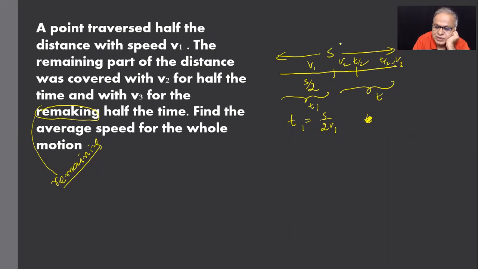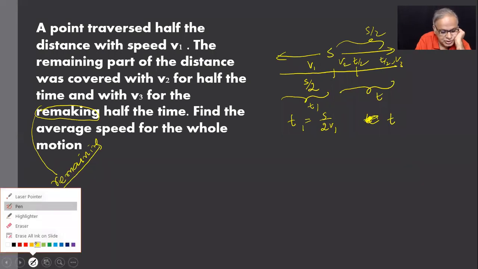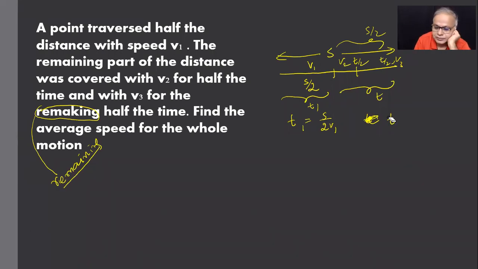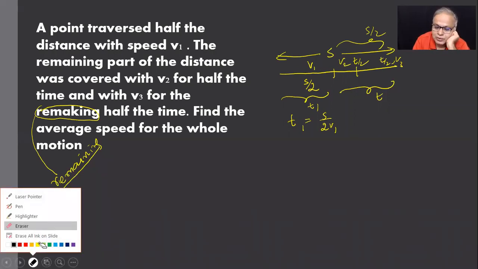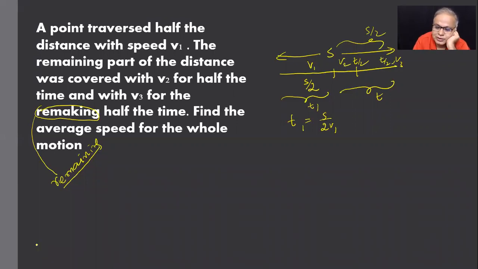Look, this is S by 2, this is S by 2. So time T equals, what should I do now? I'll rub it off. What should I do here? Tell me, children. I wanted the distance is there. I wanted the time T in terms of this v1, v2. So I can write, tell me, what should I do?